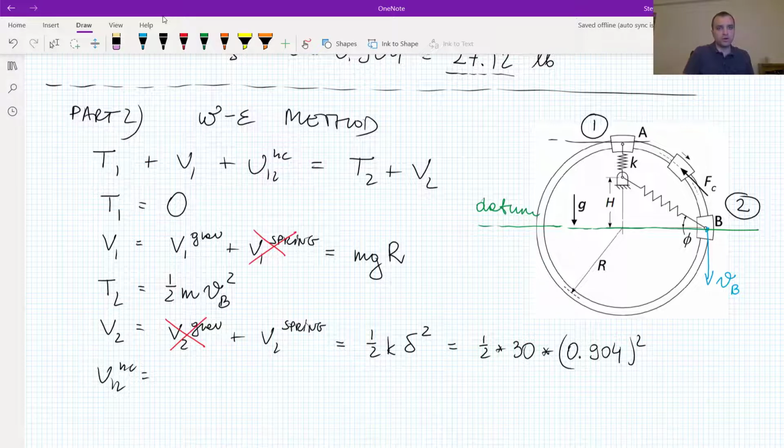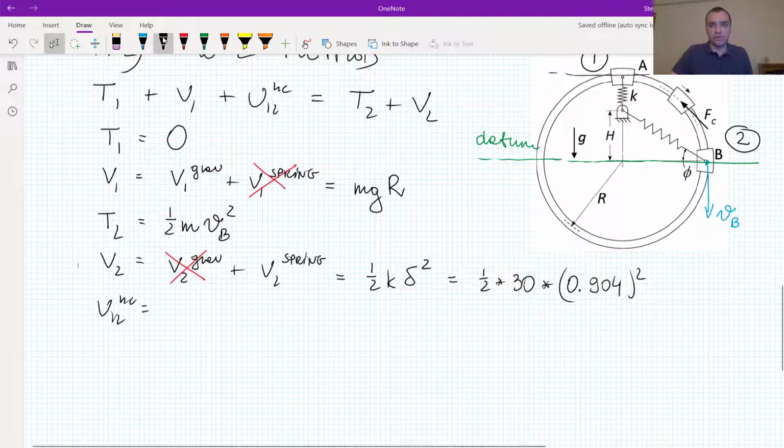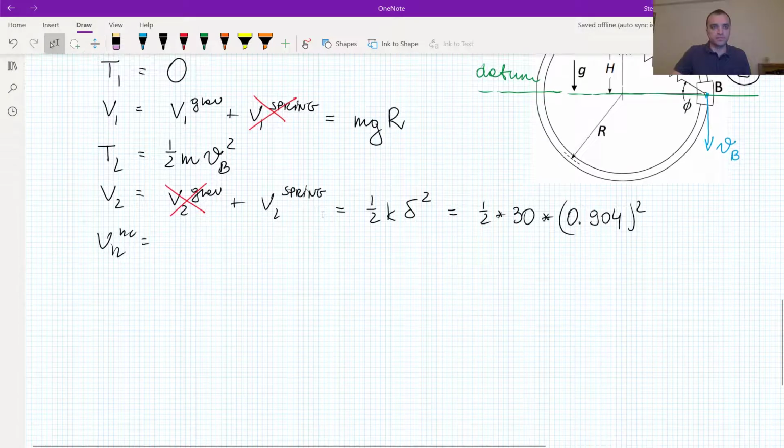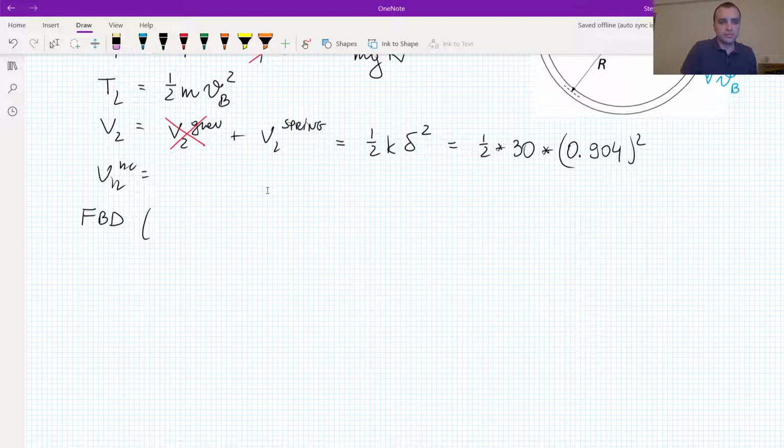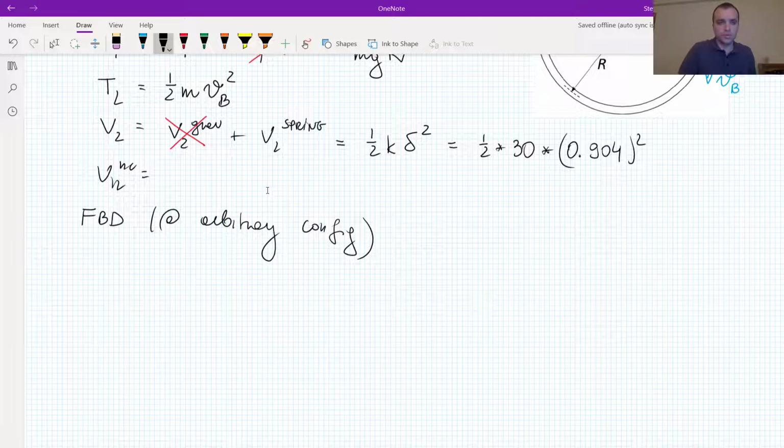Now we should focus on U12 non-conservative. I hope you don't mind if I just draw the FBD at arbitrary theta and look only at the non-conservative forces. So this is the FBD at an arbitrary configuration. Let's say that this is our trajectory, and let's draw our body here.